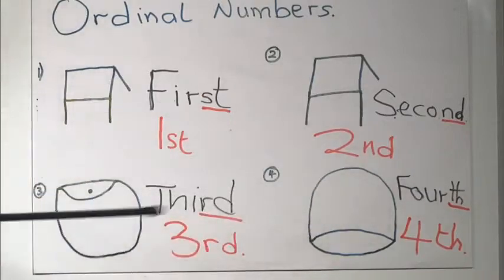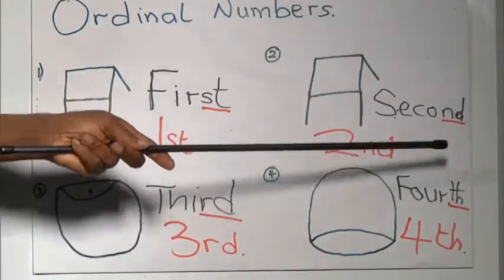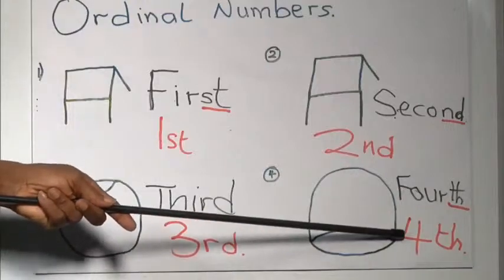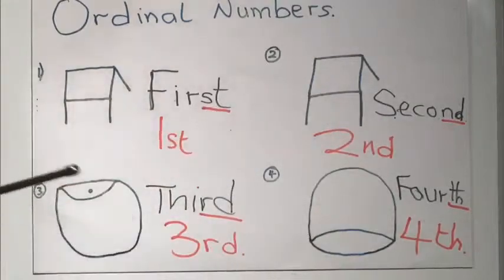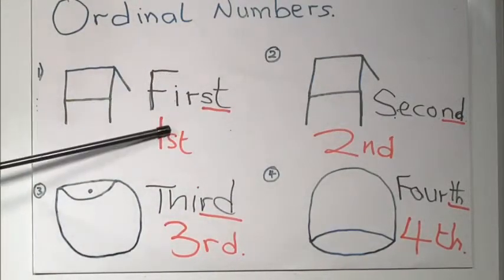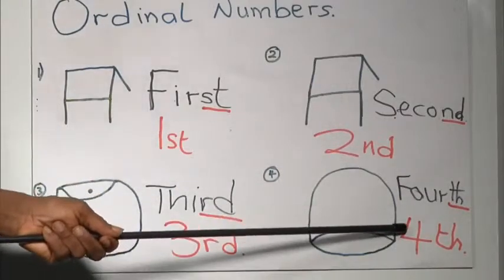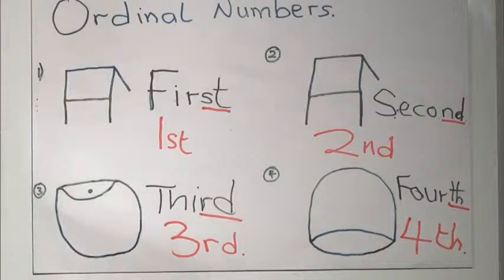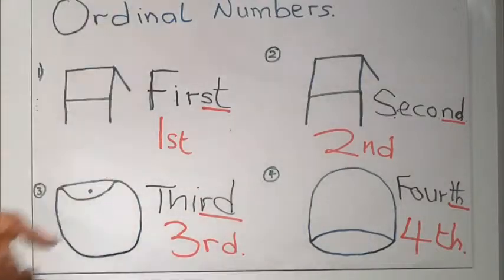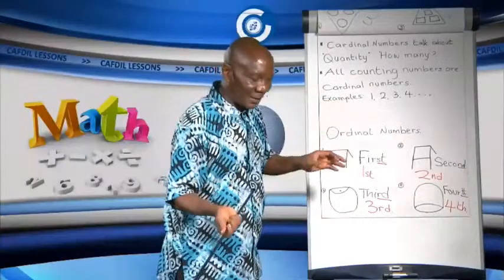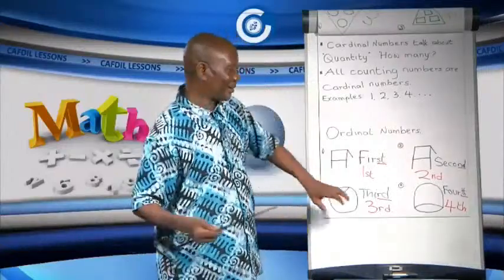Then fourth, so you write 4 and attach to it TH. So we have first, second, third, fourth. There are so many of them, 100th, 120th, 115th. They are all ordinal numbers because they talk about positions.